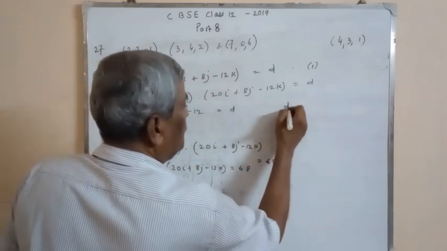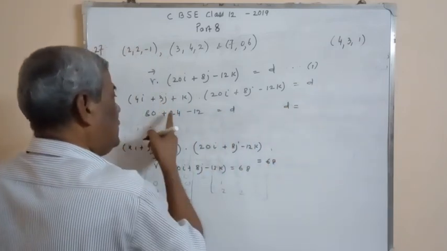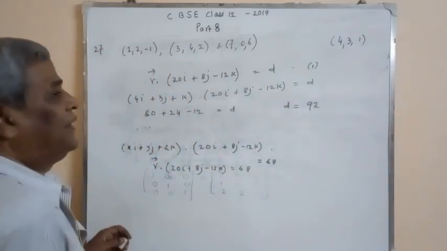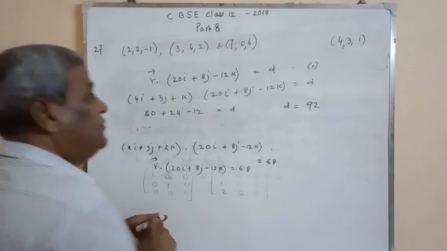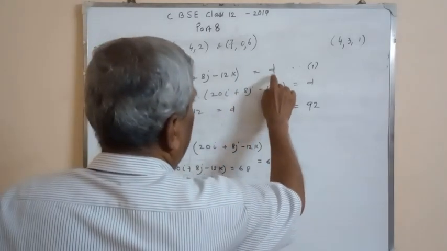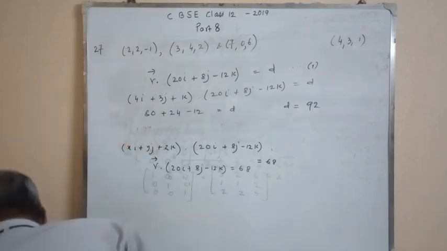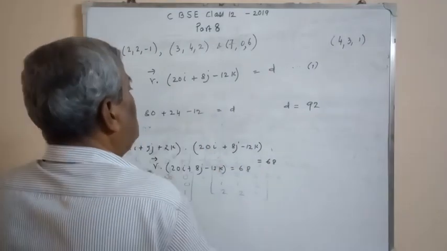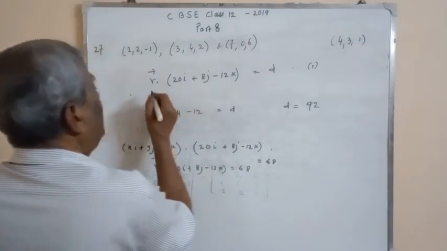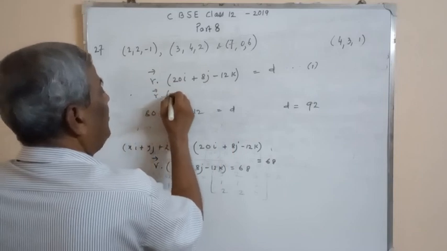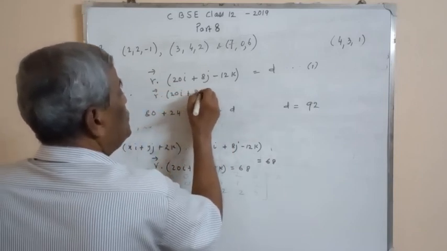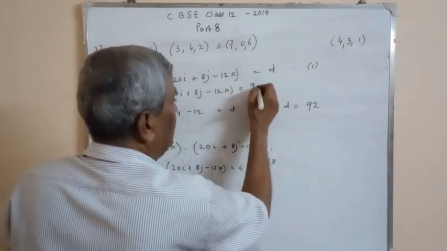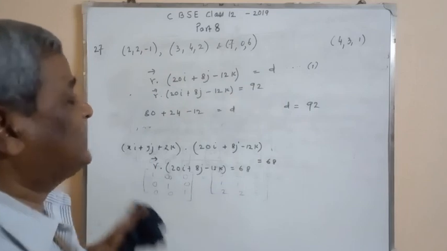That is, d is equal to 92. Now finally, putting the value of d over here, we get the required equation of the plane. So our required equation is r dot 20i plus 8j minus 12k is equal to 92. That is our final answer.